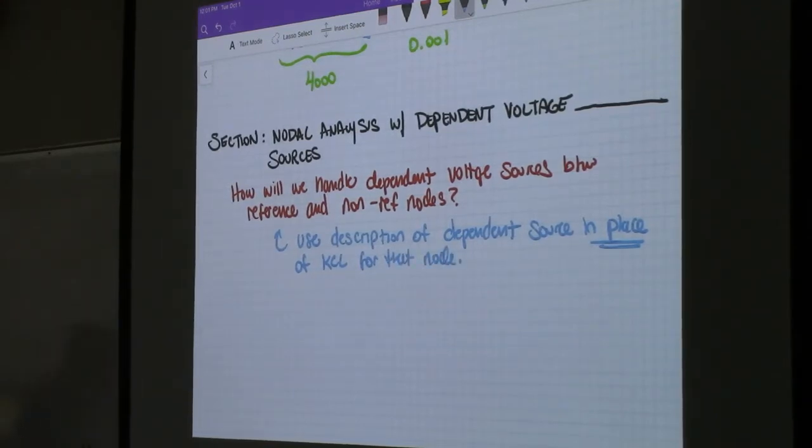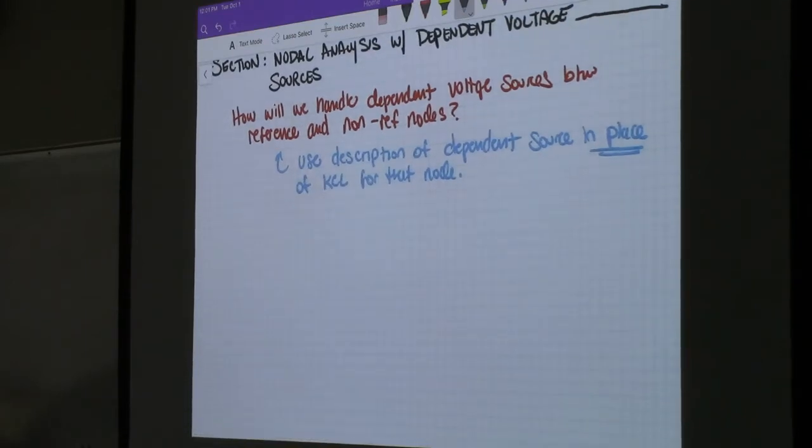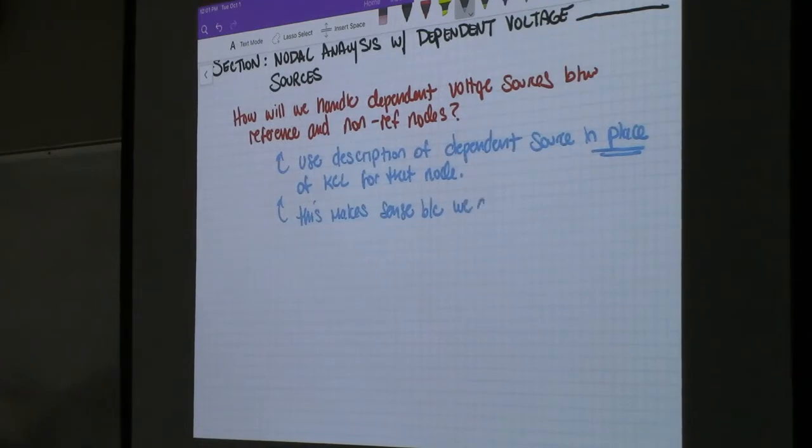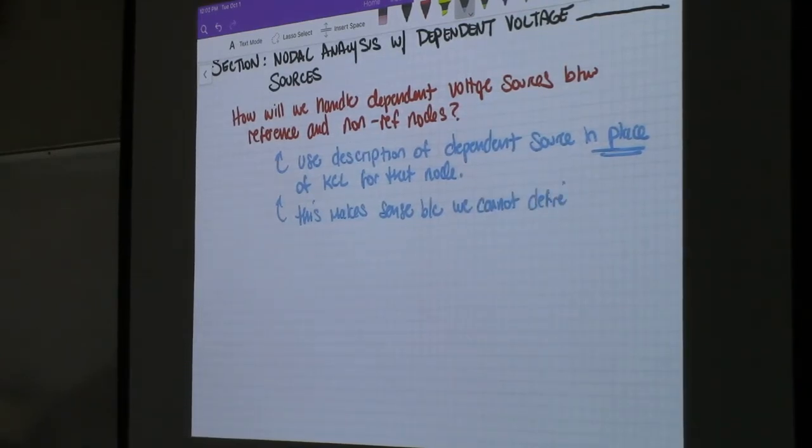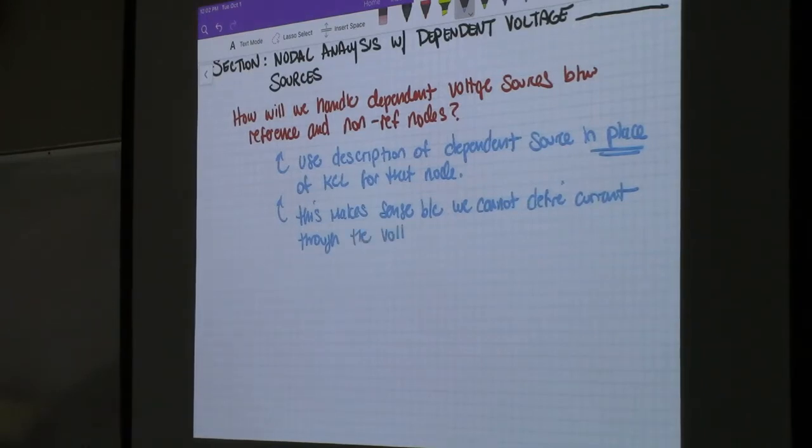And this makes sense because we cannot define the current through the voltage source.